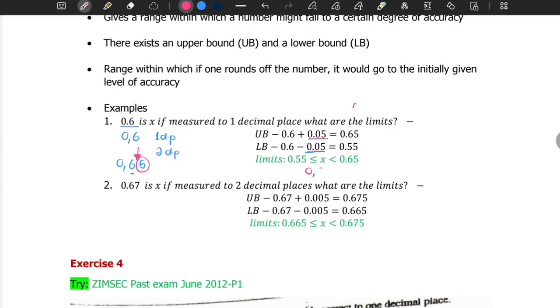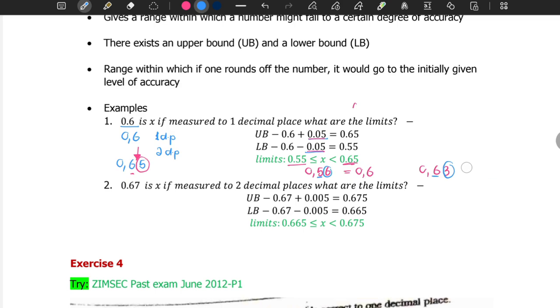For example, if I take 0.56 to one decimal place, the first decimal place is 5, and then 6 is above 5, so that becomes 0.6. If I take 0.63, because that's also between 0.55 and 0.65, again 6 is the first decimal place, 3 is less than 5, so that's going to be 0.6.